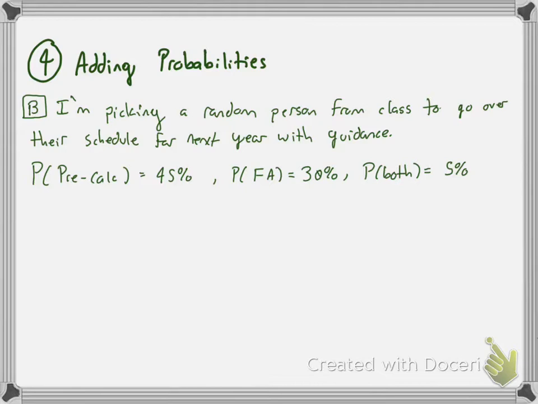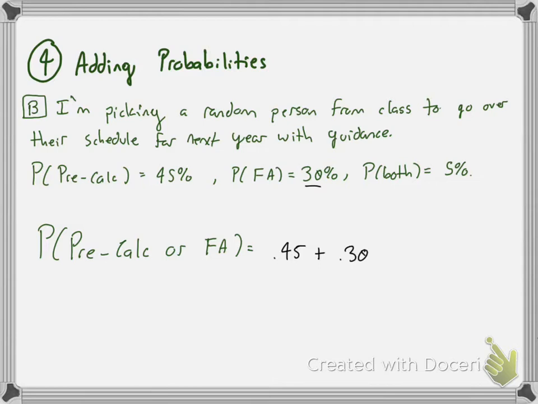So let's say I'm trying to figure out the probability that you plan on taking pre-calc or financial algebra. I'm going to add the probability of pre-calc, changing that to 0.45. It's a good habit to change your percentages to decimals, or at least that's what I always do. Plus the probability that you take financial algebra.